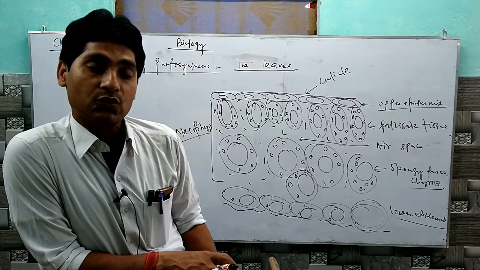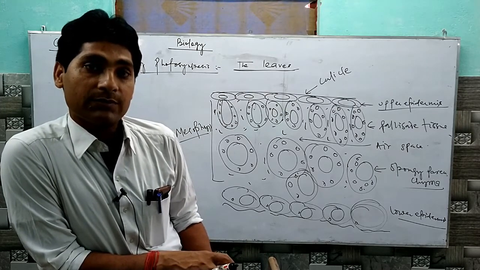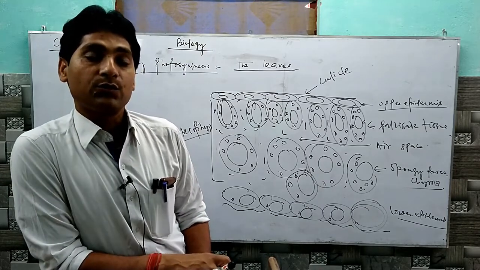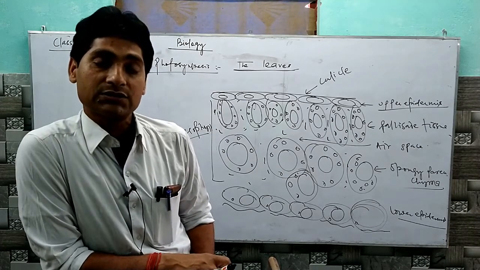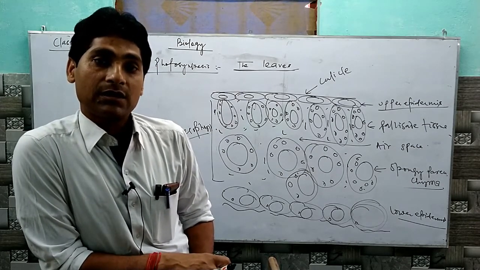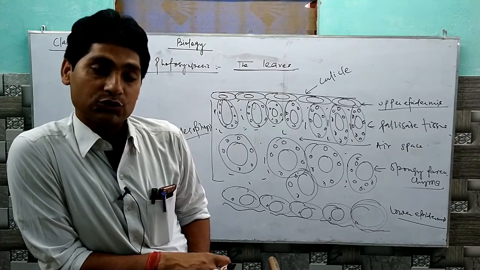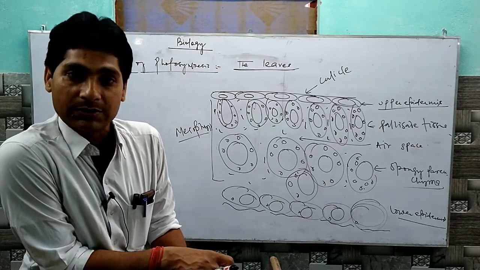Second point, you should know about the cross section of the leaf. When we go through the cross section of a leaf, three different regions are present that we can observe under a microscope: the upper epidermis, mesophyll layer, and lower epidermis.